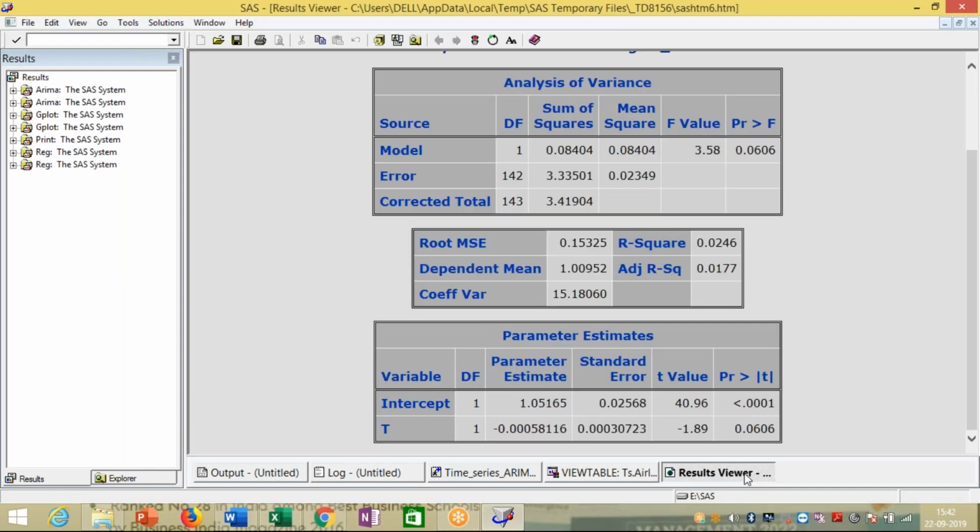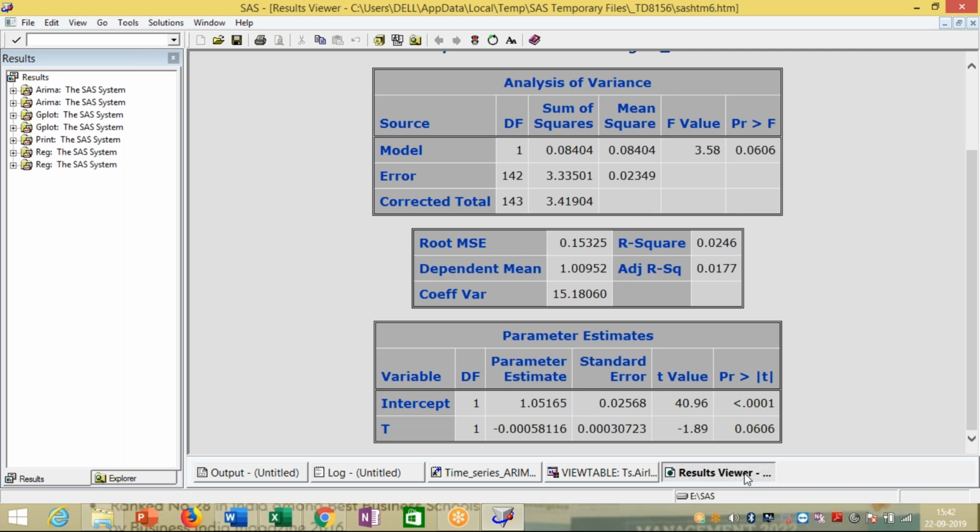So the first objective that we had over here was to assess whether time was playing a critical role. Once we saw yes, it was playing a critical role, we removed the trend component from there. On the detrended series, we did a regression on time.